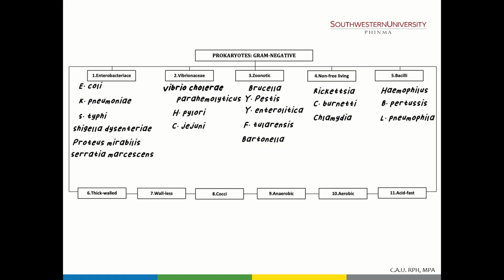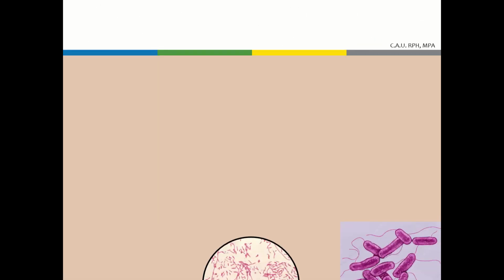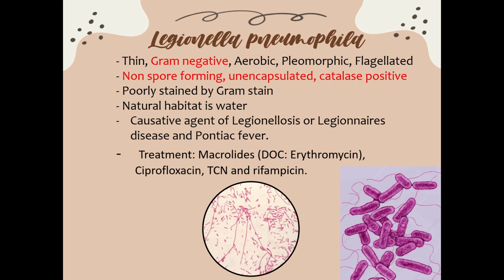Next is Legionella pneumophila. Legionella pneumophila usually grows inside the host. Legionellosis is characterized by a high fever of 40.5 degrees Celsius, including also cough and general symptoms of pneumonia. No person-to-person transmission seems to be involved in this disease. Recent studies have shown that the bacterium can be readily isolated from natural waters.